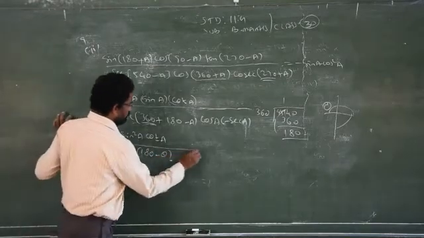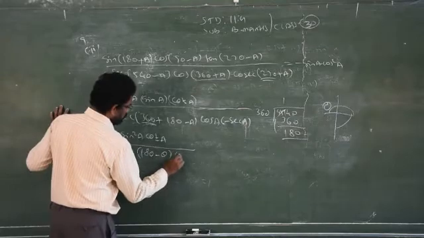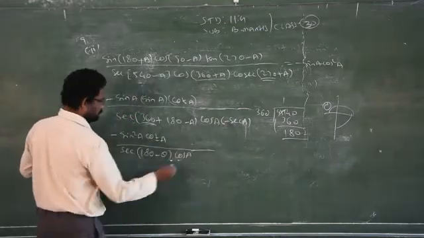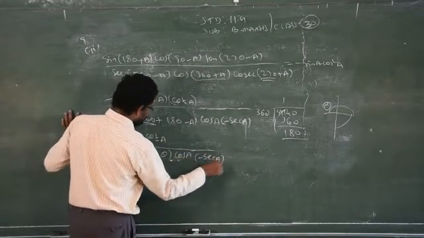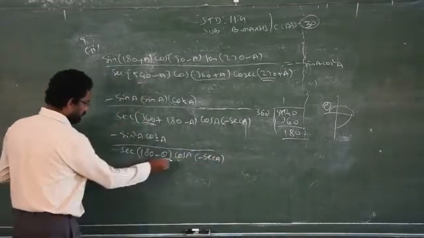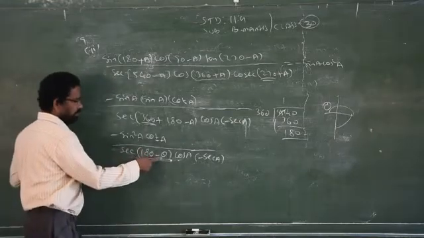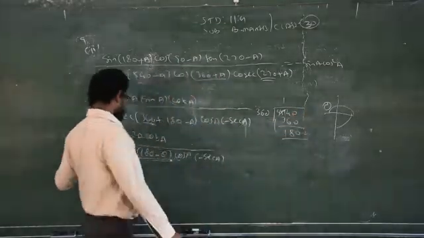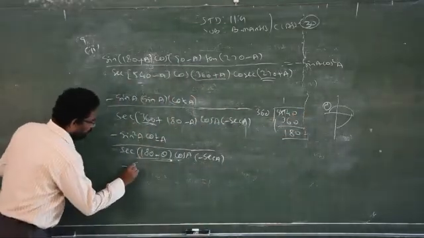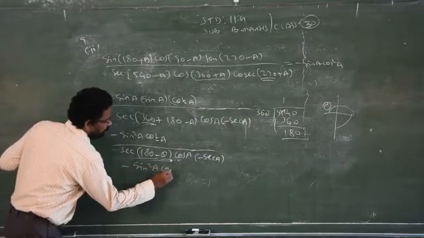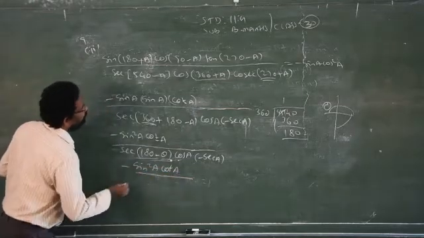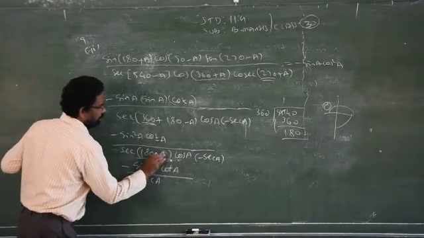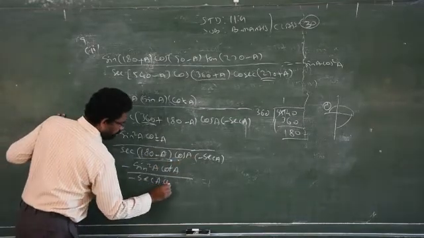You can write the next step also, cos A, that will get one more minus, secant A. Clear? Again there are no changes in the ratio, but 180 minus theta is in the second quadrant, where sine alone is positive, therefore this becomes negative. Minus sin square A cot A by minus secant A cos A.